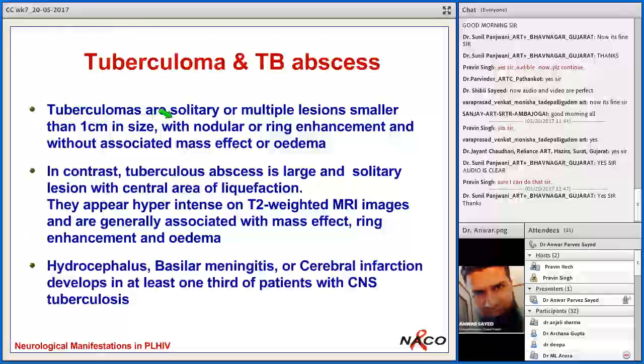Tuberculomas are usually solitary, or there can be multiple lesions also, but usually solitary. They are 1 centimeter nodular ring enhancing lesions with or without associated mass effect or edema. In contrast, a tuberculous abscess is a large solitary lesion with a central area of liquefaction.